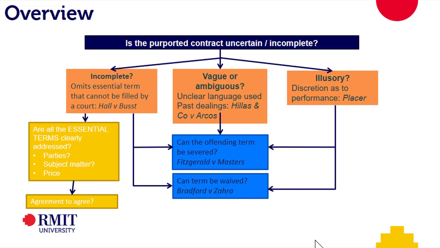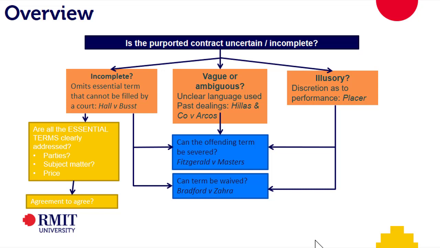Does the document, or the understanding, the conversation between the parties, omit some essential term that can't be filled by a court? The way that we do this is we look at essential terms, whether all of the essential terms are clearly addressed. And if they are, it's likely that the document or the agreement is sufficiently complete.